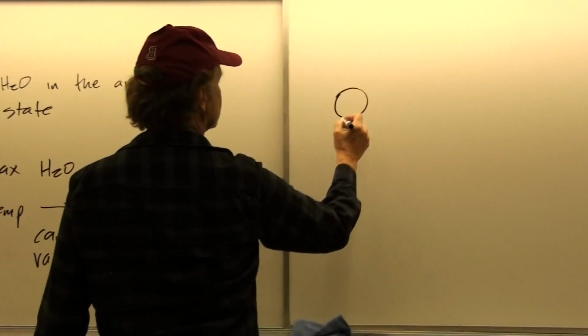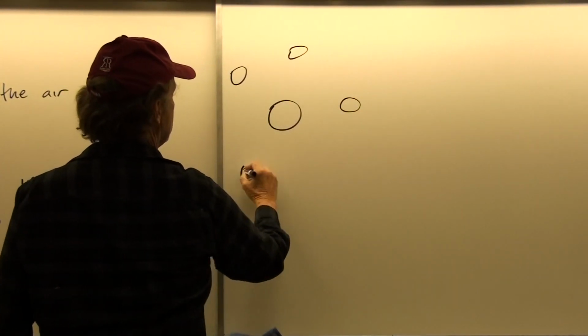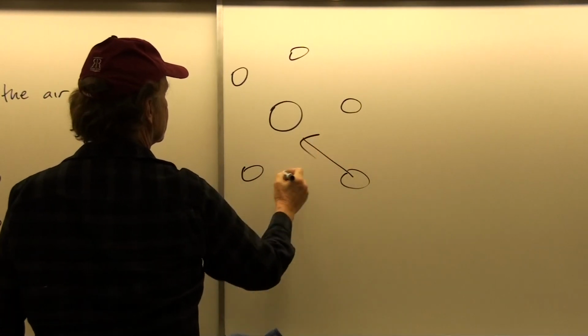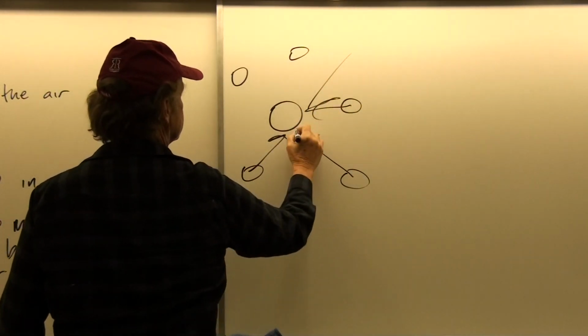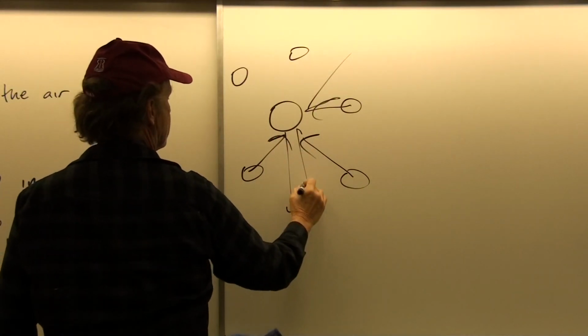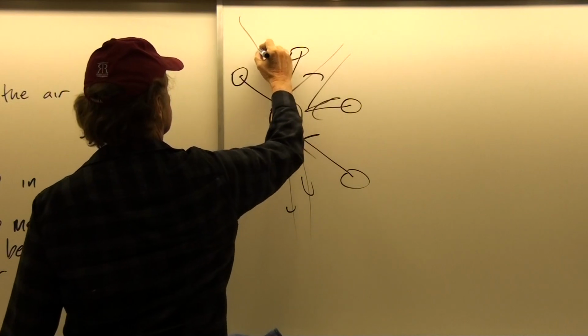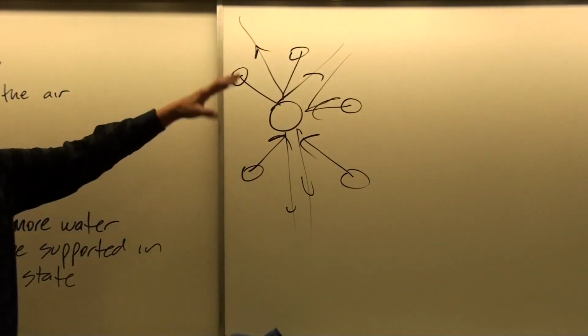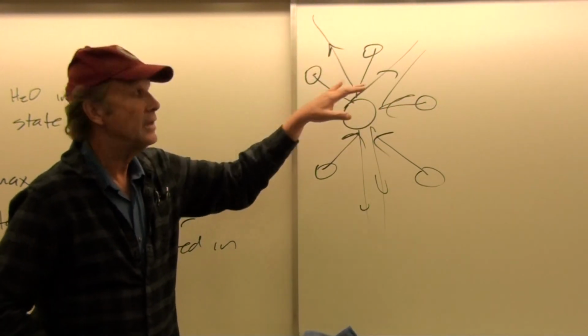So imagine that this is a water molecule. These are air molecules around it. These air molecules are going to move around and bounce off of the water molecule. And so that's going to knock the water molecule around, kind of randomly.